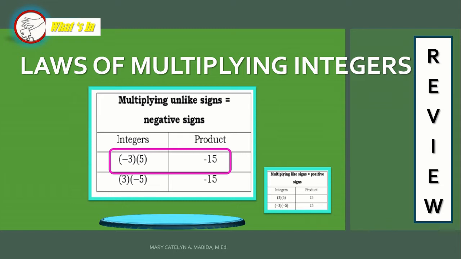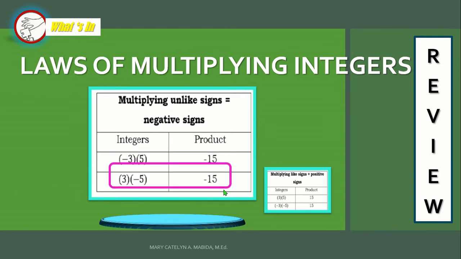The sign of the second integer is positive. They have unlike signs, and their product will also have a negative sign. So negative 3 times 5 is equal to negative 15.